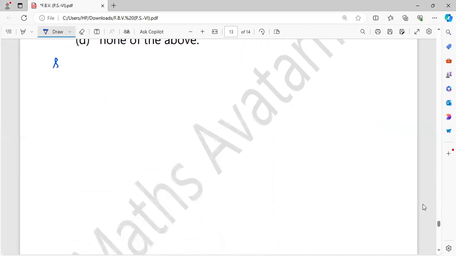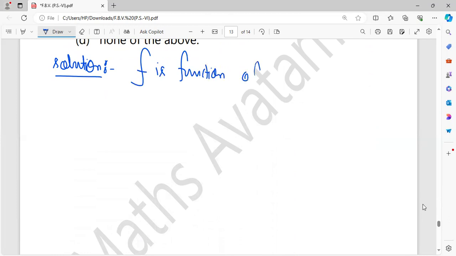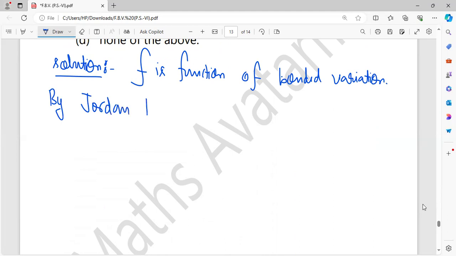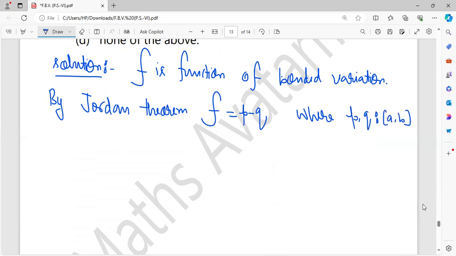Okay. By Jordan theorem, f is a function of bounded variation. By Jordan theorem, f is equal to p minus q, where p, q are monotonically increasing functions.